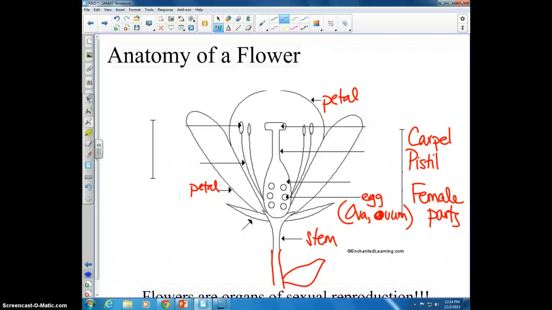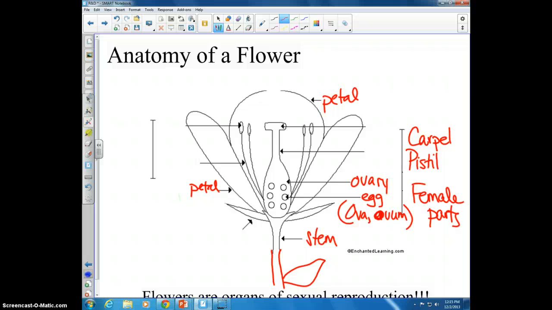The ova are produced in the ovary. So the flower has an ovary, and as a matter of fact, I really like to eat ripe ovaries, and I bet you do too. Because when a flower is pollinated and one of those eggs, or in some cases multiple eggs, get fertilized and grow into seeds, sometimes around them grows a nice protective layer.